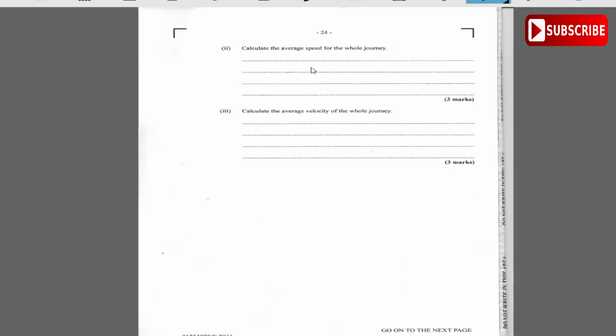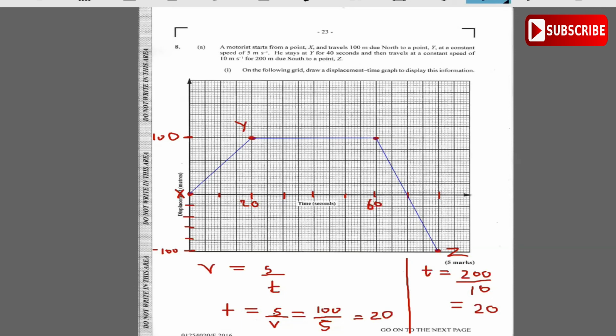It says calculate the average speed of the journey. Average speed is total distance divided by total time.